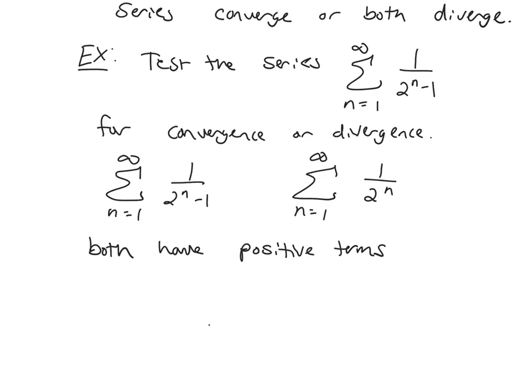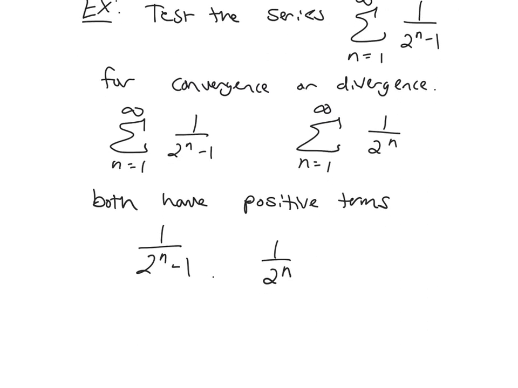So let's just try to use the direct comparison test here like we did on the previous problems, okay? So I have these two terms, 1 over 2 to the n minus 1, 1 over 2 to the n.